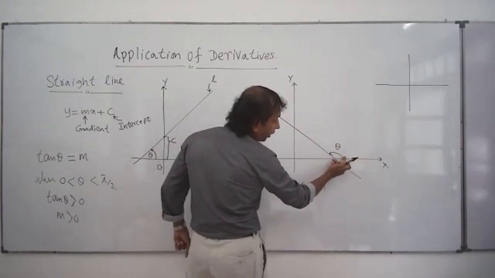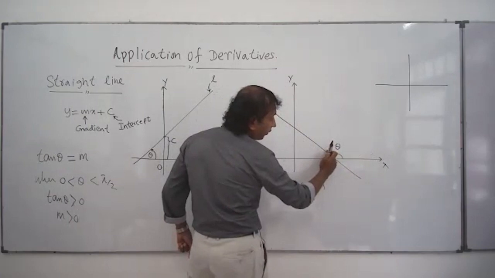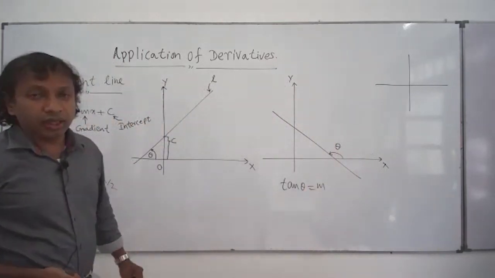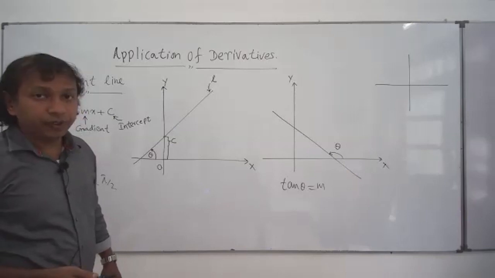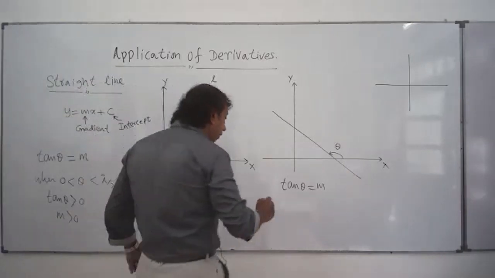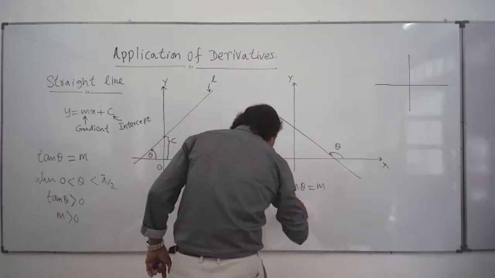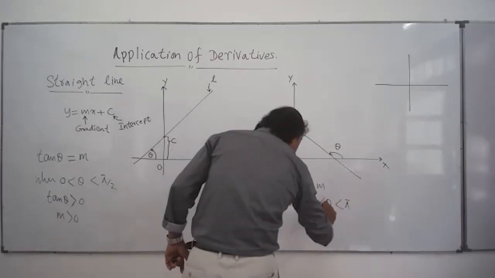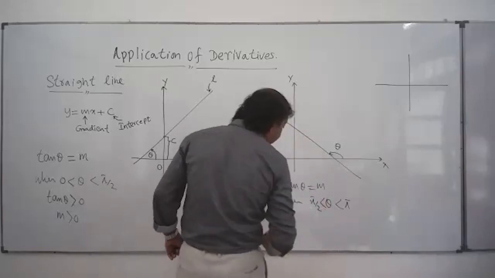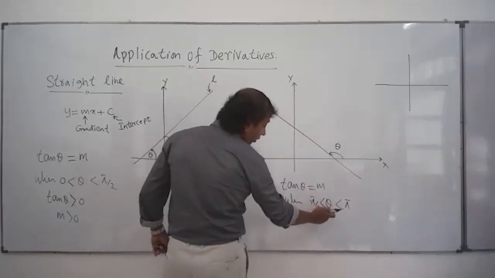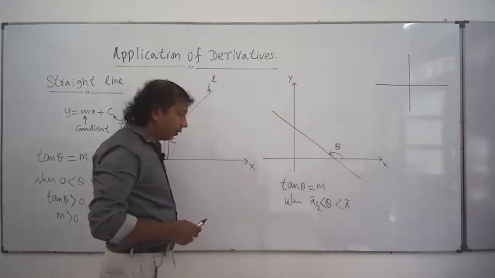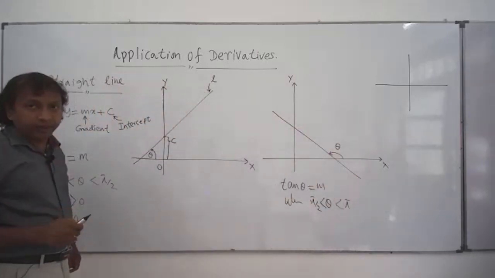From there, we measure the angle anticlockwise until the line. This time, the angle is obtuse, more than 90. When the angle is obtuse, tan theta is negative. So this time, theta is less than pi and greater than pi by 2, that is, theta greater than 90 and less than 180. On that occasion, tan theta is negative.